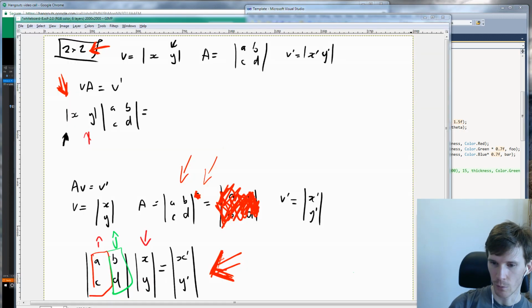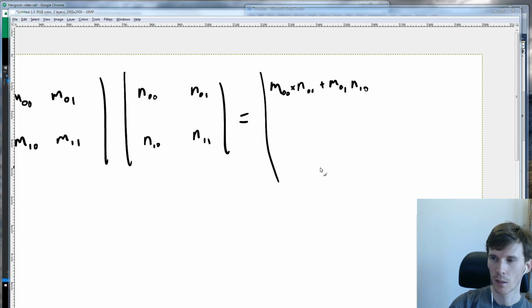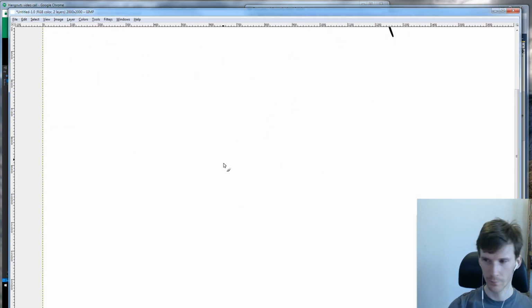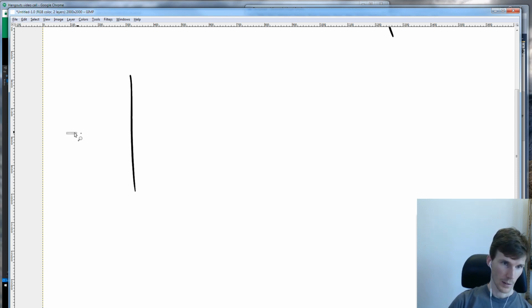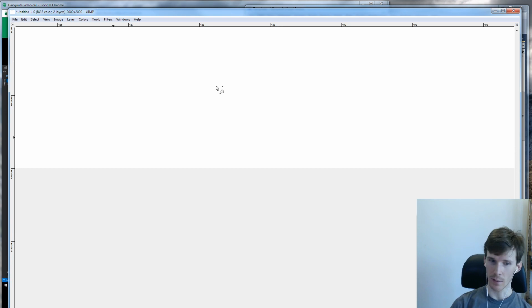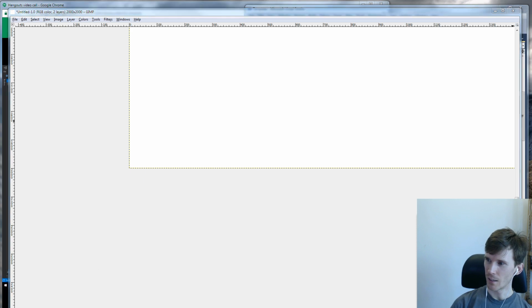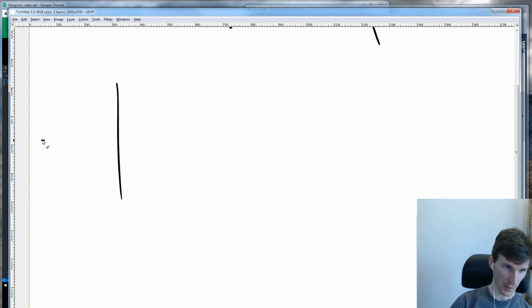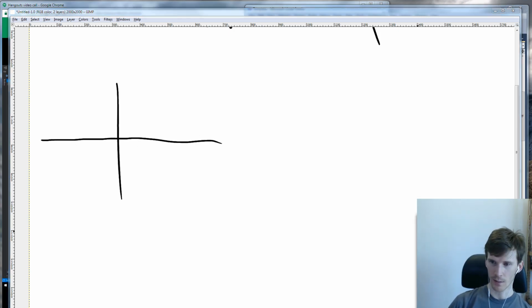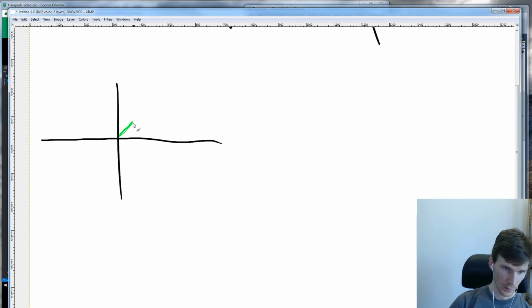Let me see if we can draw it out on the whiteboard. Yeah, let's see. So if we have just a simple vector, okay, I've hit some buttons and everything is broken. Okay, so if we have a vector that's like this, and we rotate it, and we scale it up.